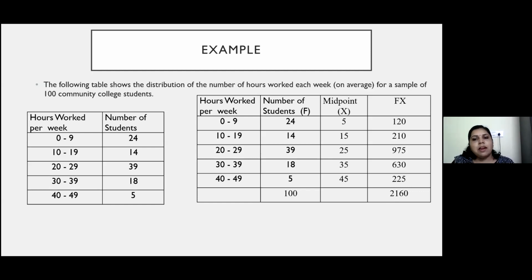First, you have to convert all the class intervals into midpoints. 0 to 9, the midpoint is 5. 10 to 19, the midpoint is 15. Yes, Pavitra. Next, 20 to 29, the midpoint is 25.